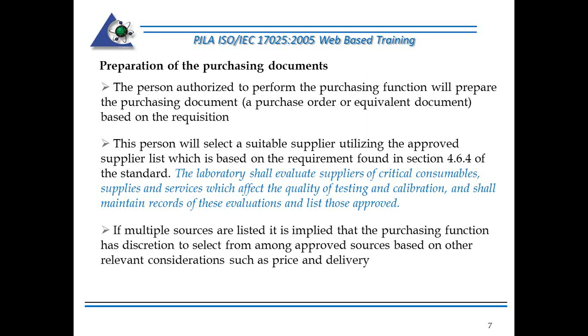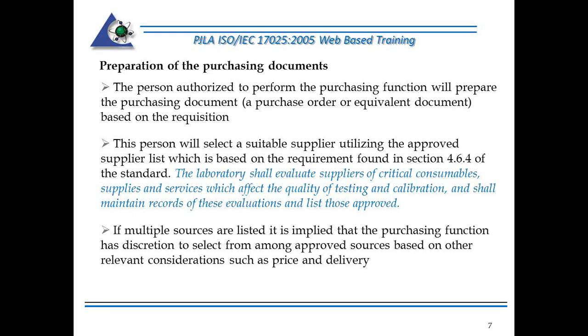Let's assume that a laboratory has multiple vendors or suppliers for a particular service or supply. The person with purchasing authority, the implication is that that person has the option to select from any of the approved suppliers of the particular service or supply that he chooses. And that leaves him free to consider issues that are not necessarily related to the quality of the measured results or the test results which the laboratory is interested in.